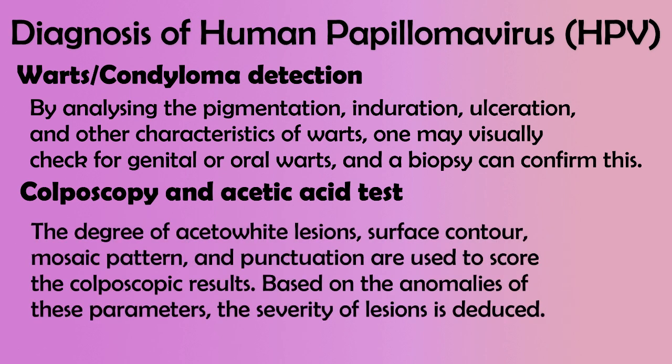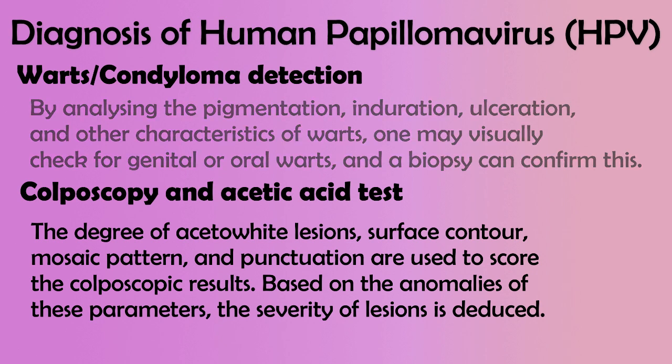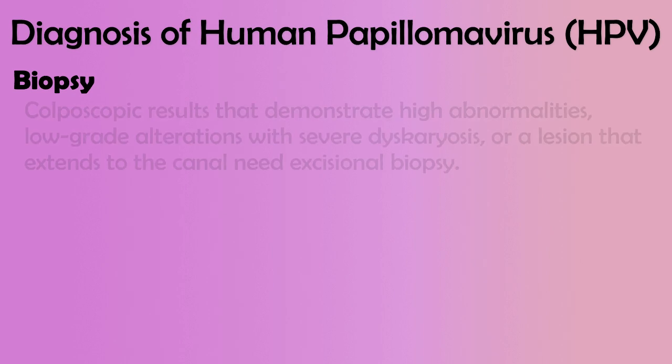The degree of aceto-white lesions, surface contour, mosaic pattern, and punctuations are used to score the colposcopic results. Based on anomalies of these parameters, the severity of lesions is deduced. Biopsy.